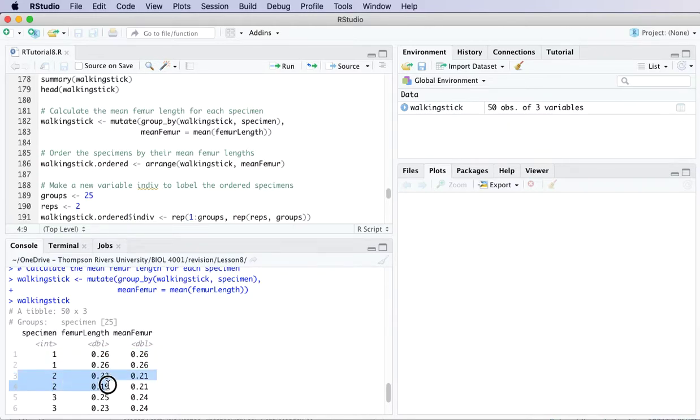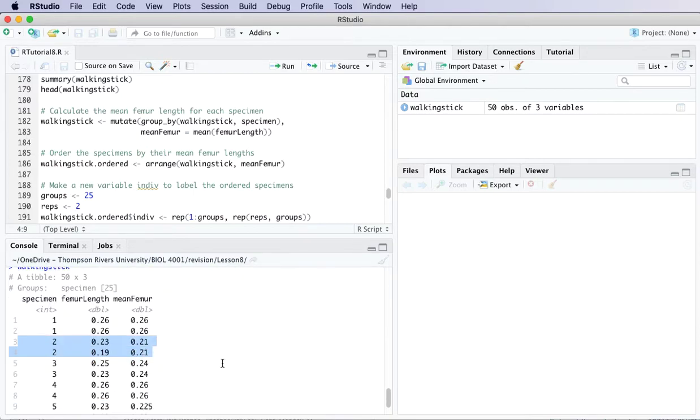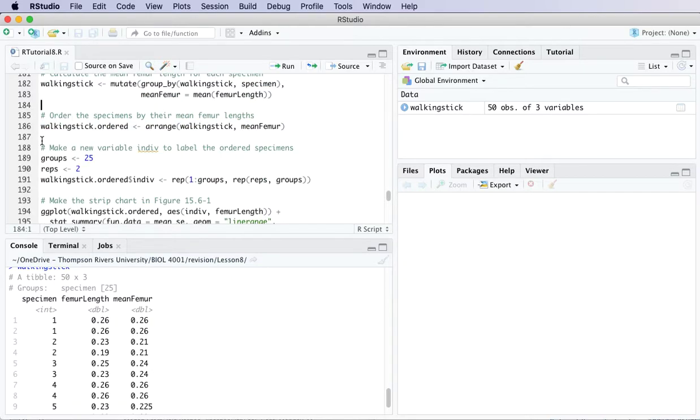So that one's not very interesting, but let's take the second walking stick. The first measurement was 0.23, the second one was 0.19. The average of those two numbers is 0.21. Walking stick number 3, 0.25 for the first measurement, 0.23 for the second measurement, and 0.24 for the average. So that's what we did by using this mutate function.